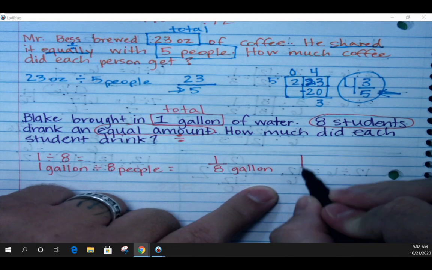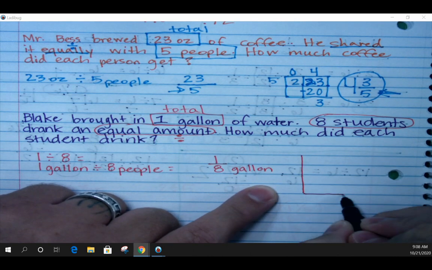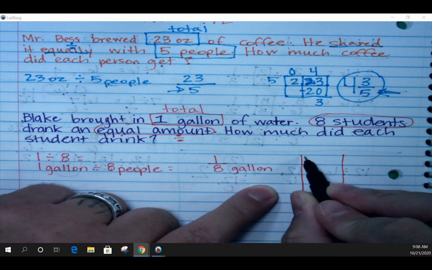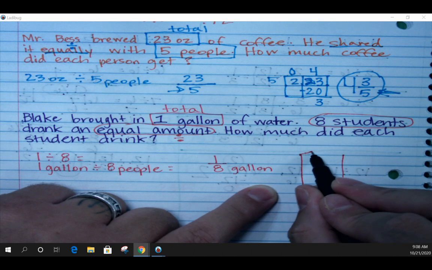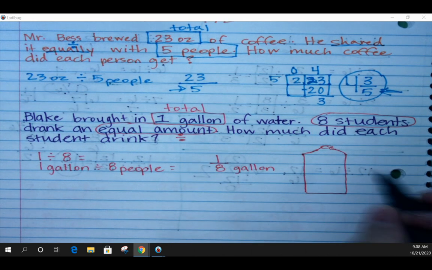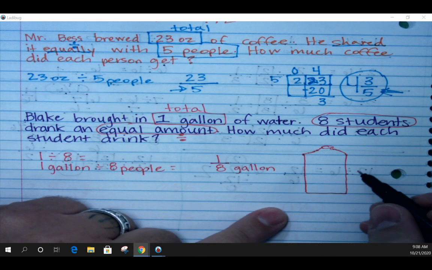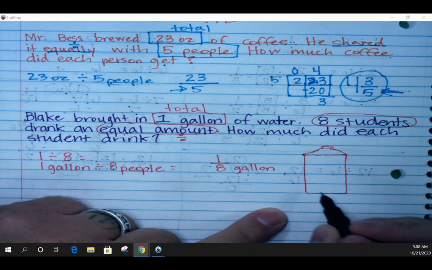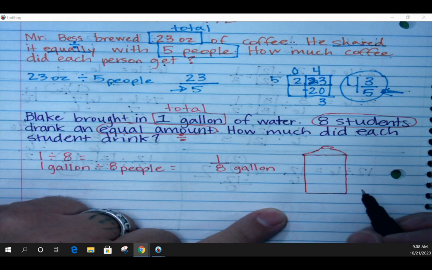Let's look over here. Let's say here's the gallon of water. He's about to share it. There it is. How many people are sharing it?